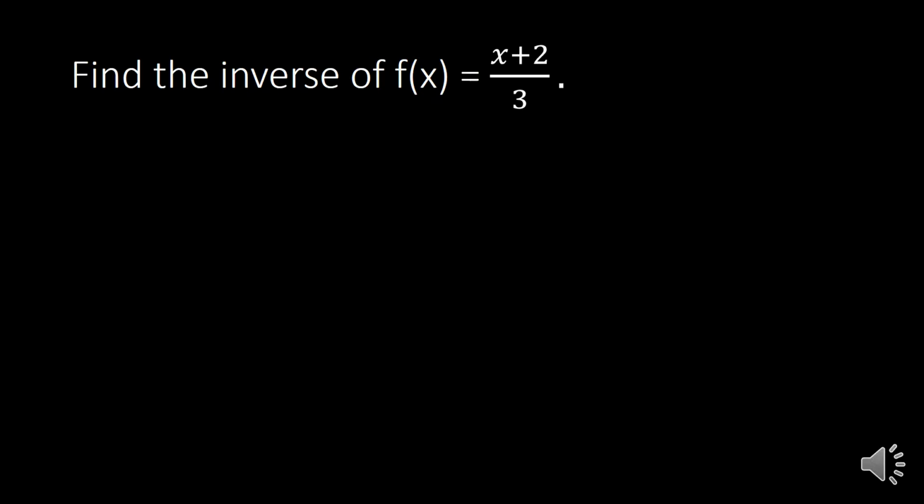This is now f of x equal to x plus 2 over 3. So here, it's going to be tricky because we have addition, but at the same time we have division. I've mentioned we are to follow the PEMDAS, but since x plus 2 over 3 is taken as one term, that means they are in one group.